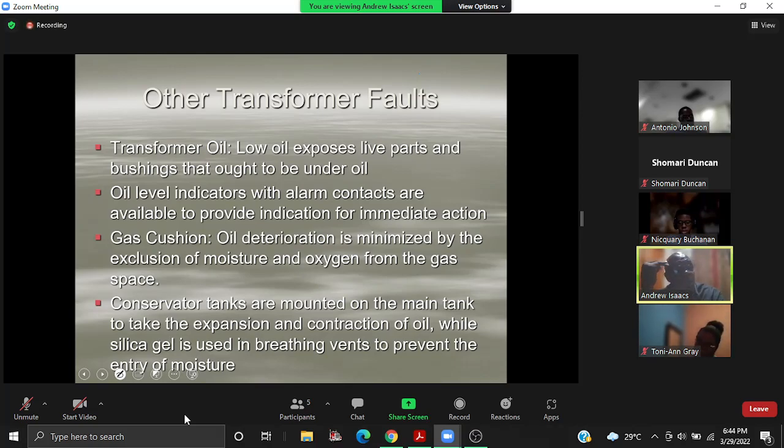Your Buchholz relay has different settings. So the ball drops slightly, it sends an alarm. And it continues to escalate the further down it goes until it gets to a point where it will trip the transformer. But at least it gives you an opportunity to remove the transformer from service.